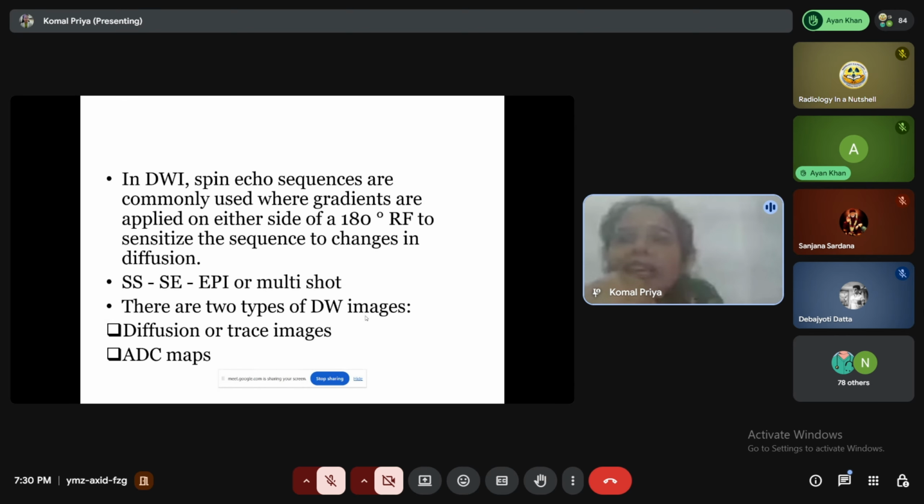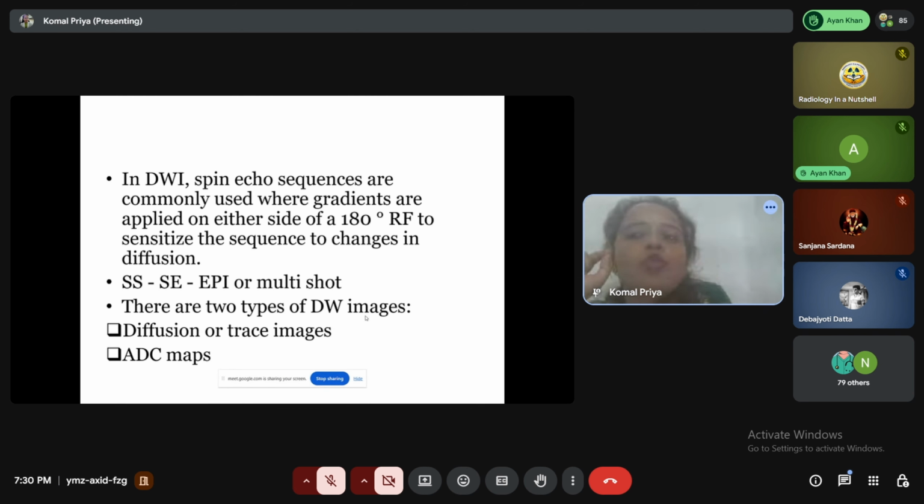Now if we talk about ADC, this is a post-processing technique where we calculate the ADC, the apparent diffusion coefficient, for each voxel. For each voxel of the tissue, ADC is generated.